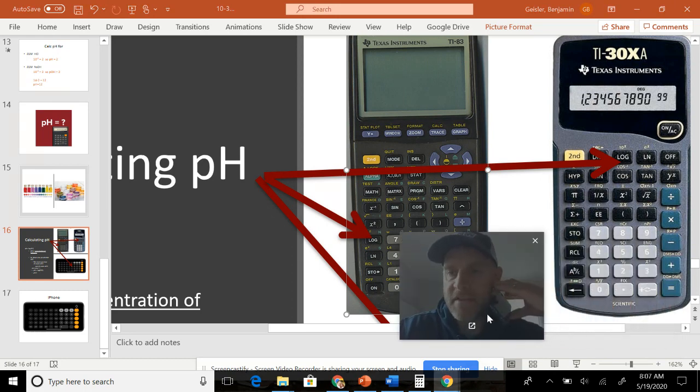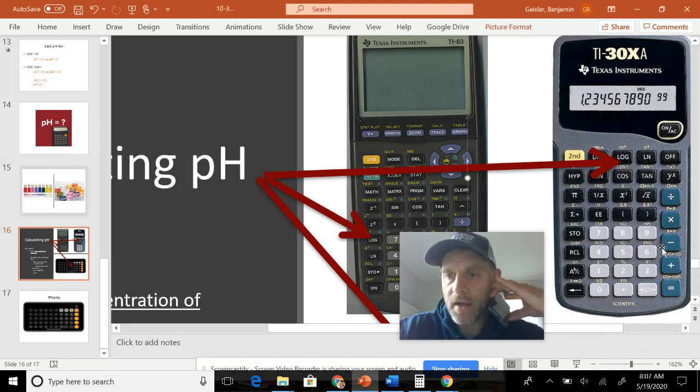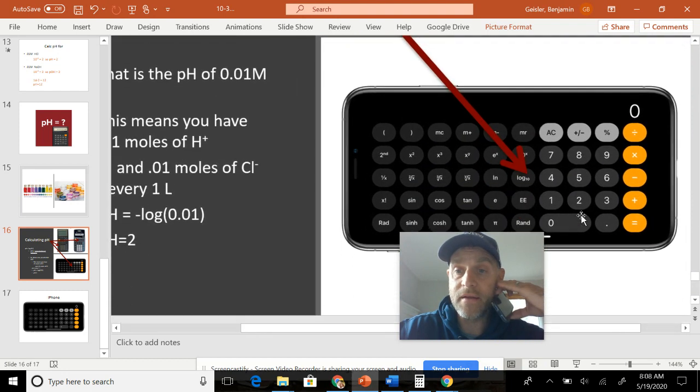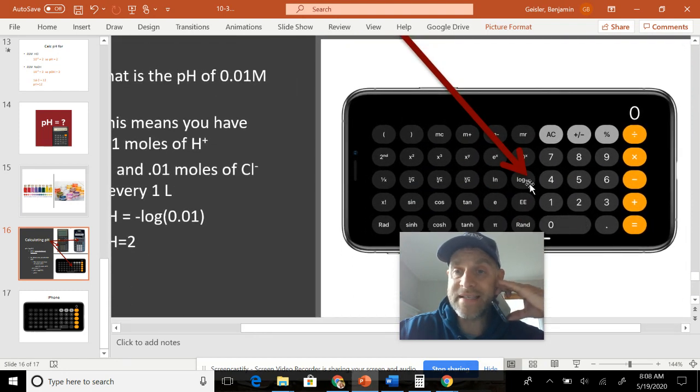Or if I have this one, I'd go 0.036, hit this button, negative, log, enter. So these calculators are actually a little easier, but if you have an iPhone like me, 0.036, log 10, and then you just have to switch to negative.